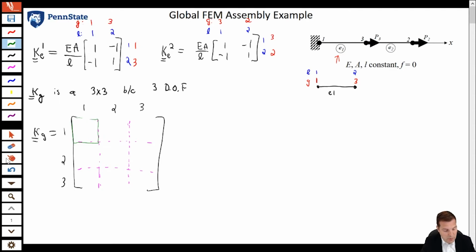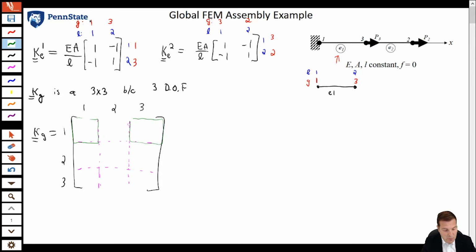Let me point here. So 1, 1, remember, we're looking at these numbers here, the global node numbers, that's where we want these from. So 1 and 1 is the first position, and then we're going to have row 1, column 3 here. So the 1 and 3 is going to be this position, over here.